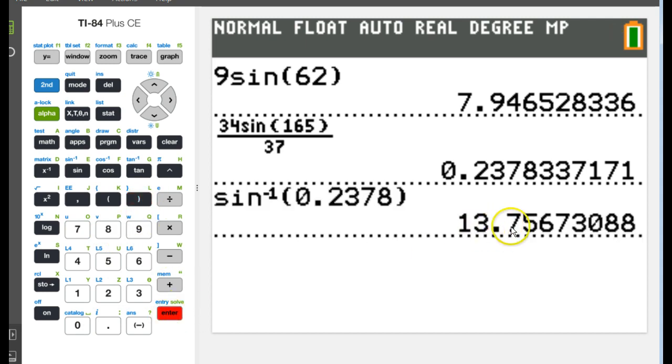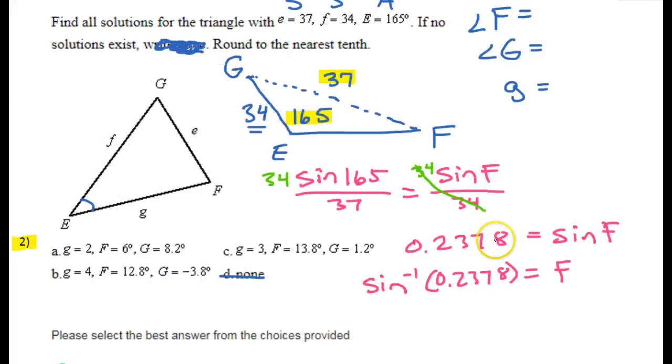And that gives me 13.8. I'm going to round up. So angle F is 13.8.